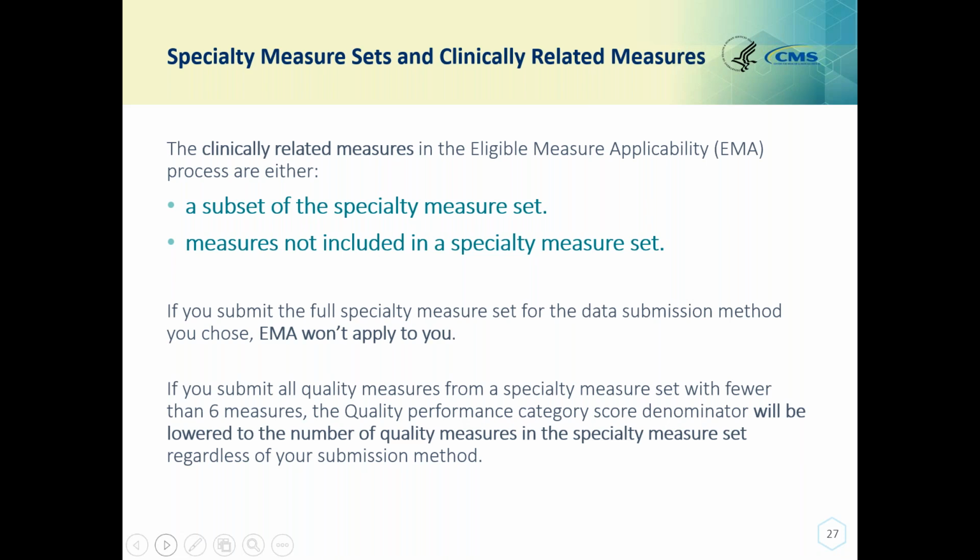If you submit the full specialty set for the data submission method you choose, EMMA won't apply. If you submit all of the quality measures from a specialty measure set with fewer than 6 measures, the quality performance category score denominator will be lowered to the number of quality measures in the specialty set, regardless of your submission method. So this is what I had mentioned in the earlier portion of the webinar, just reinforcing that.